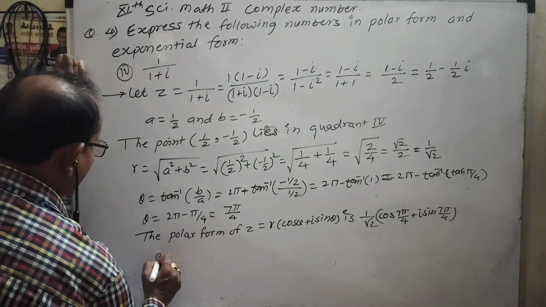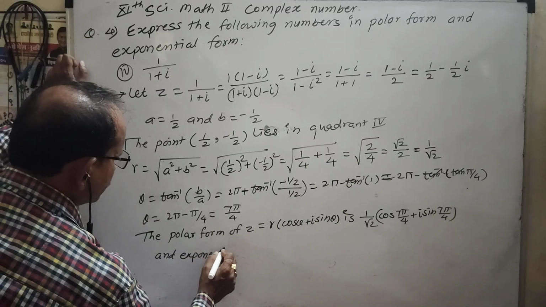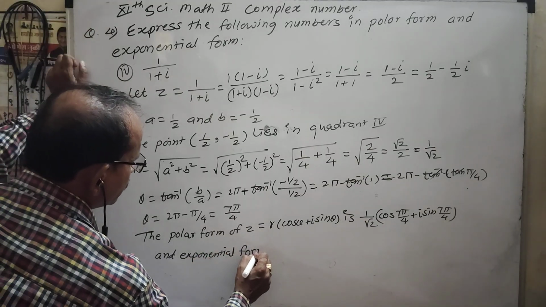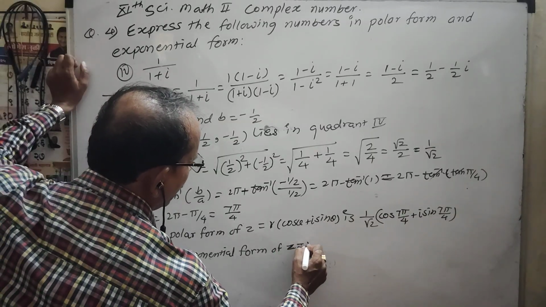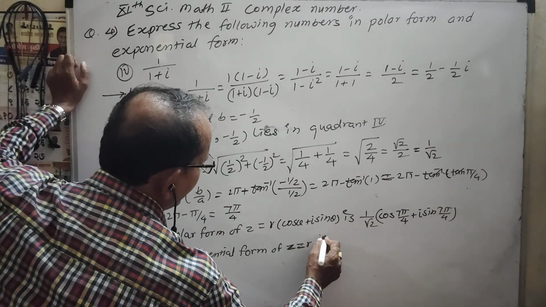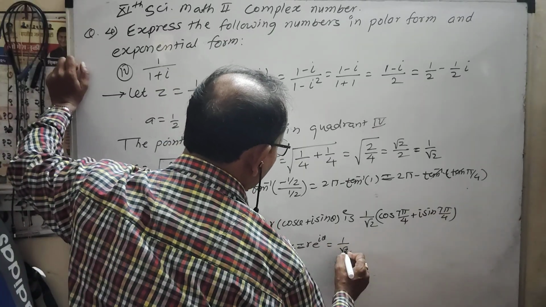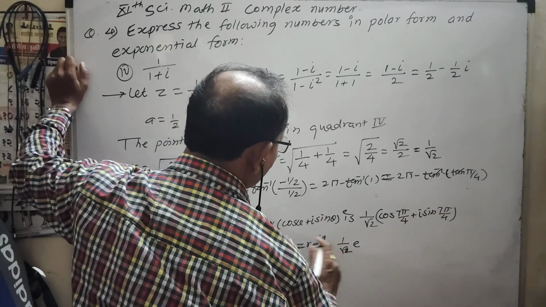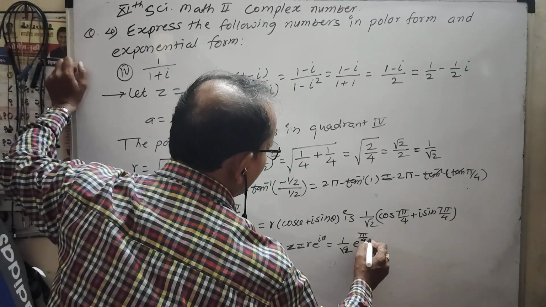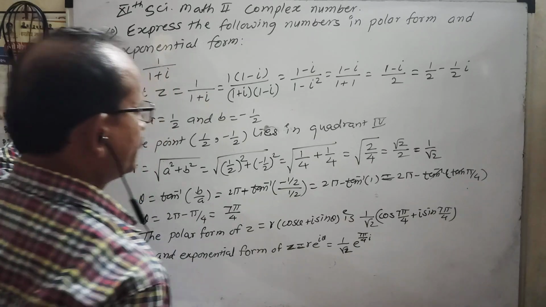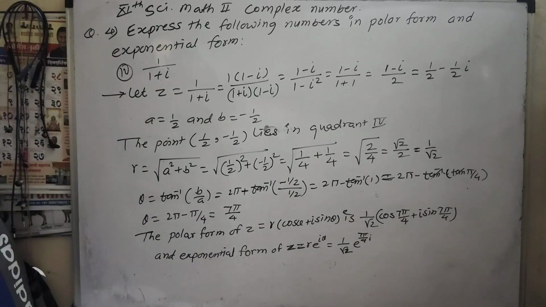And the exponential form is z is equal to r e to the power i theta, where r is 1 upon root 2 and e to the power i 7 pi by 4. This is question number 4.